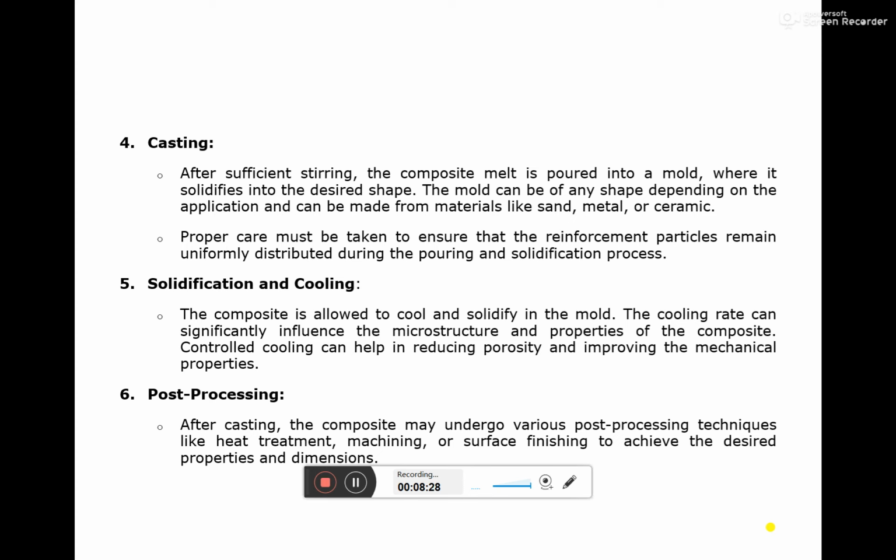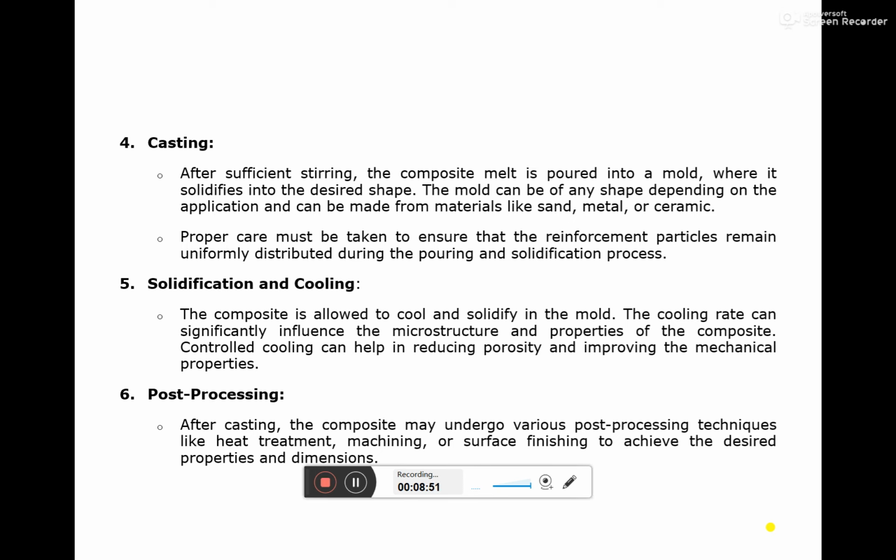Once the solidification process is completed, based on the requirement we can apply different post processing operations over the fabricated metal matrix composite, to increase its other properties.